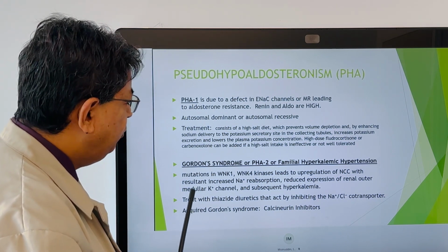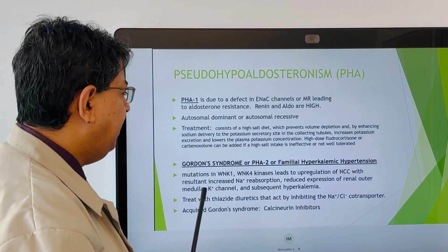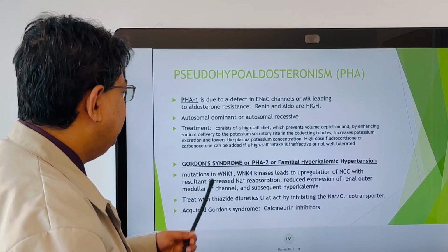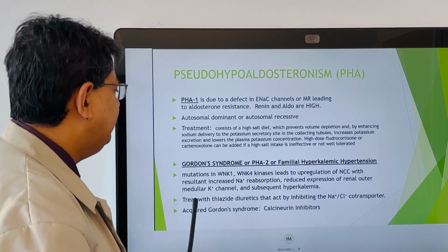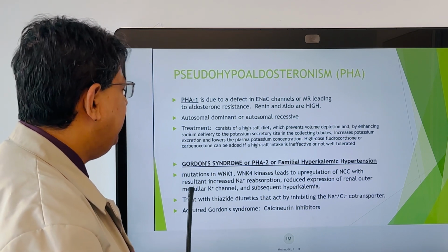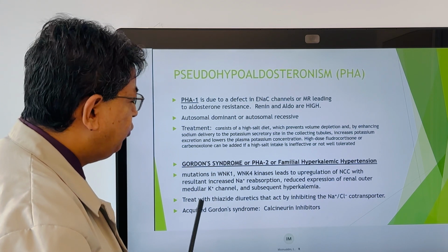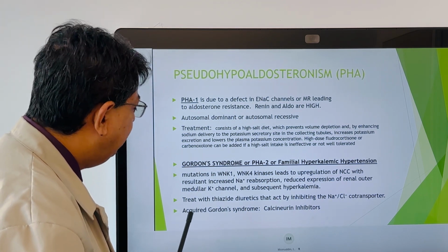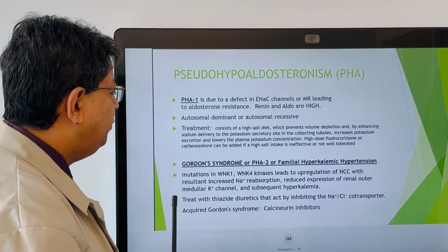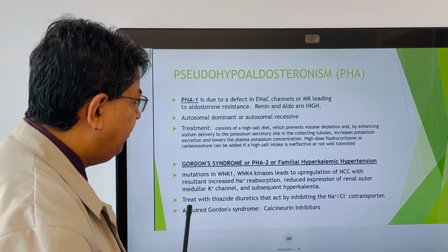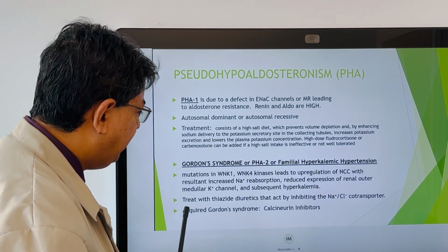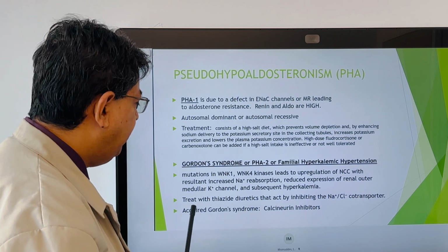Pseudohypoaldosteronism type 2, or familial hyperkalemic hypertension, is also known as Gordon syndrome. This is characterized by mutations in the WNK kinases, leading to upregulation of the sodium chloride cotransporter with the resultant increased sodium reabsorption, reduced expression of the renal outer medullary potassium channel, and subsequent hyperkalemia.